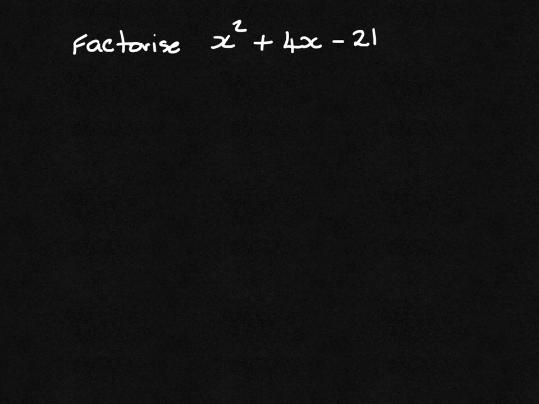Remembering with the last video, I said what you need to do is find the two terms that multiply to give us -21 that add to give us 4. We can do this because our a value here in the x squared is 1. If it was something else, we couldn't do this. We'd be doing something different.